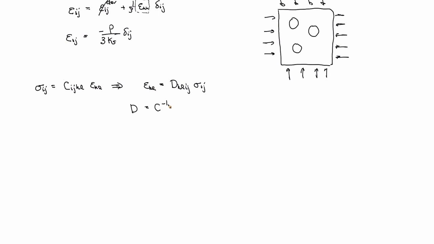So we just solved this equation, and then instead of carrying around an inverse, we just want to call that d. So then the total strain in our skeleton, epsilon_kl, is equal to d_klij times the stress, and we're going to use our effective stress model.